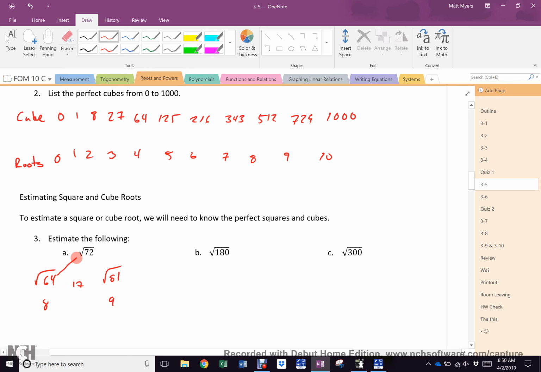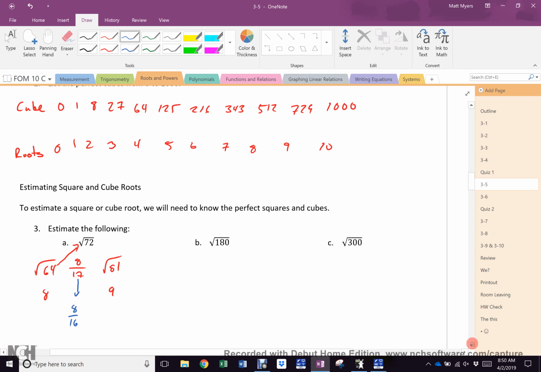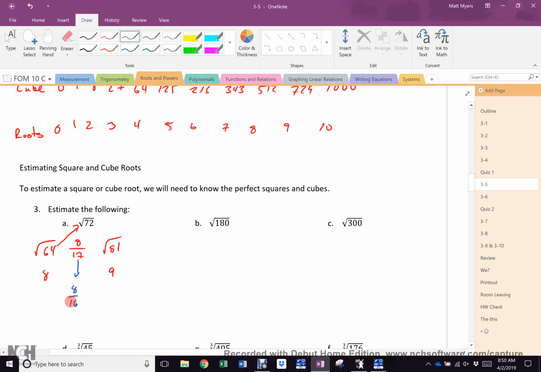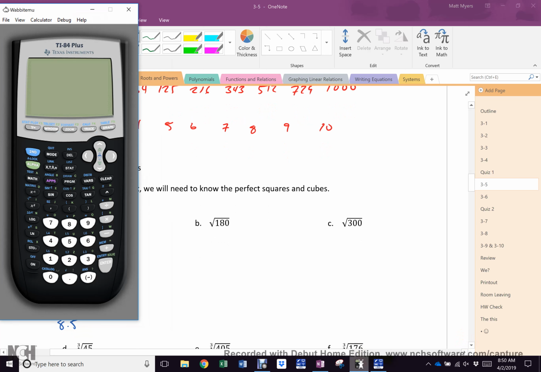How far is it from 64 to 72? 8 steps. So I took 8 steps out of a possible 17, yes? Now, isn't 8 over 17 pretty darn close to what? To 8 over 16? And what's 8 over 16? 0.5. So 8.5 could be our guess. Now go to your calculator. What's the square root of 72?